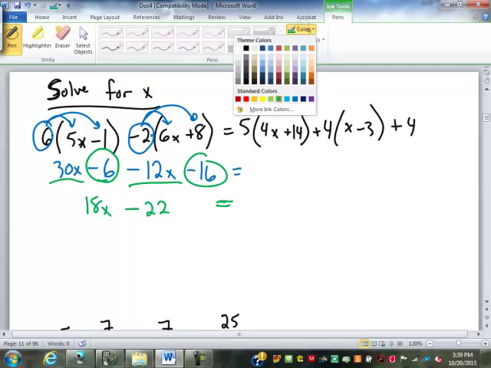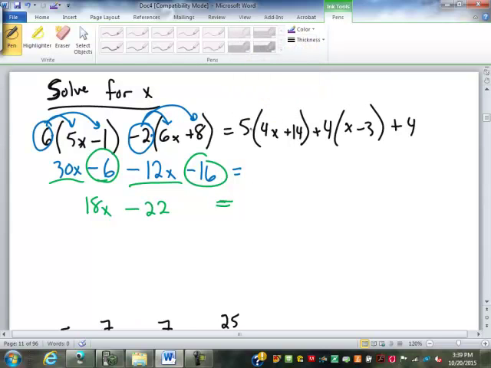So now on the other side, again, parentheses, I'm going to multiply by 5 here. 5 times 4x, 20x, and 5 times 14, positive 70. This is a positive 4 times x, 4x, and 4 times a negative 3, negative 12.